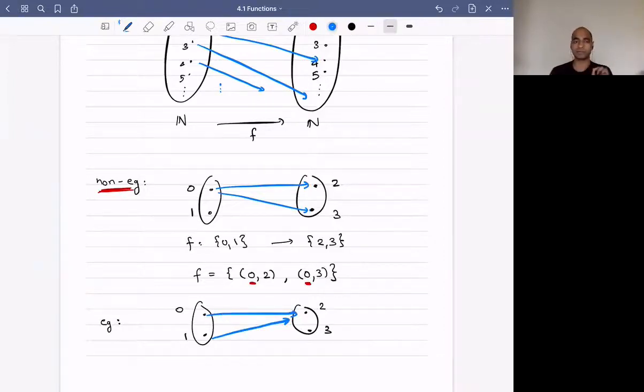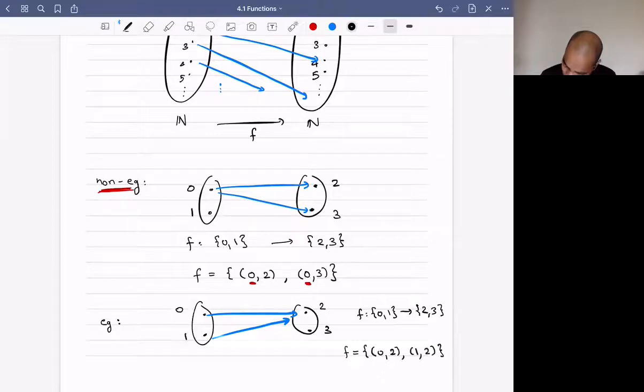It's taking the input 1 and mapping it to 2. So here again, f goes from 0, 1 to 3. f is represented by this set. And this is a totally valid example of a function. So these are functions, very simple things.